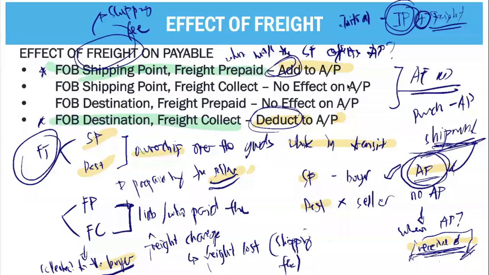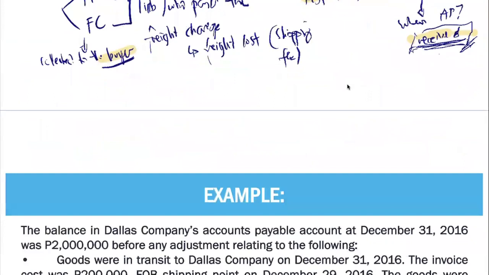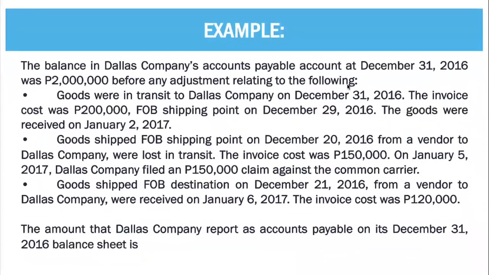I hope we are clear here. Again, purchase, you record it either shipping point upon shipment, destination upon receipt. Freight, how does it affect your accounts payable? It depends whether it is shipping point freight prepaid or destination freight collect. Two instances only which affect your accounts payable. Okay, let's have an example about this item.